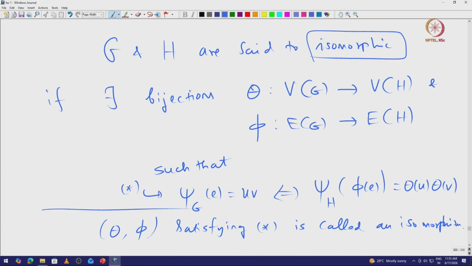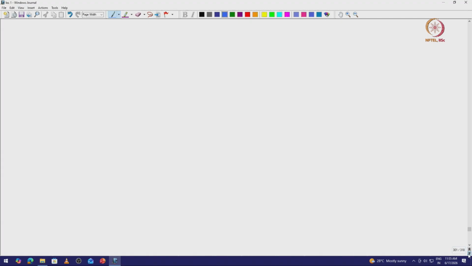Now, we are going to see some special classes of graphs which are important and appear everywhere. First, we will define the notion of a simple graph, which is again very important when it comes to vertex coloring and so on. So, what is a simple graph?